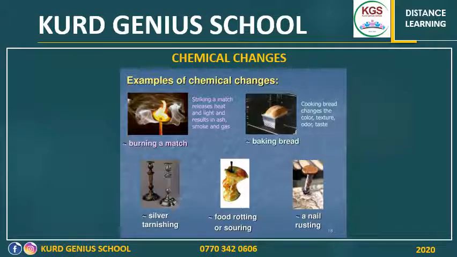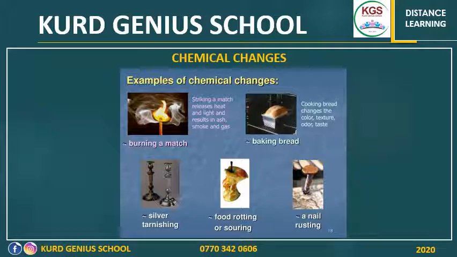And also we have food rotting, especially an apple. For example, the apple forms a brown structure. That means it has an oxidation reaction, because browning of the apple means that the apple goes through a chemical reaction with the air around us. And also baking bread.